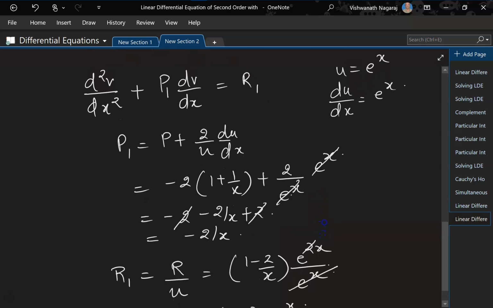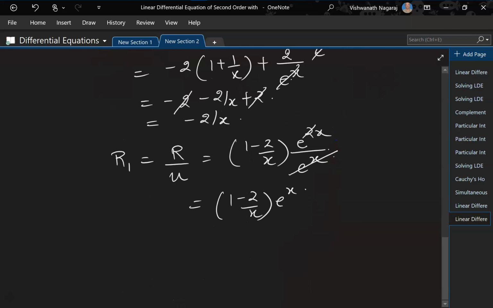Okay, now let's see. What we have is d2v/dx² plus p1 dv/dx is equal to r1, right?